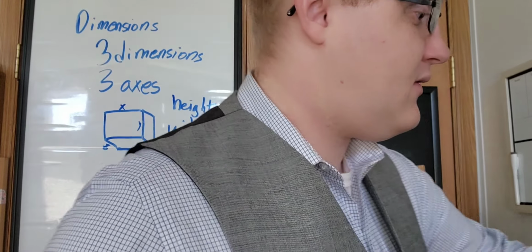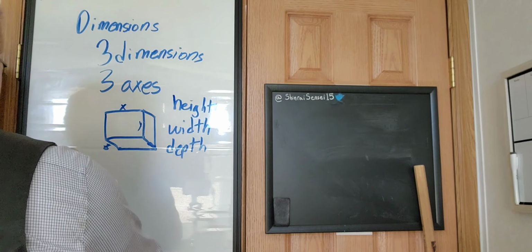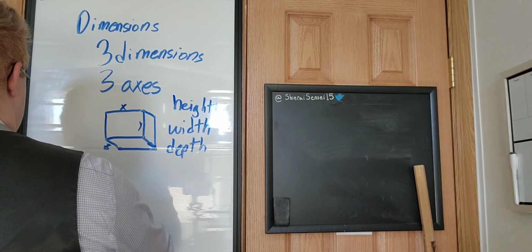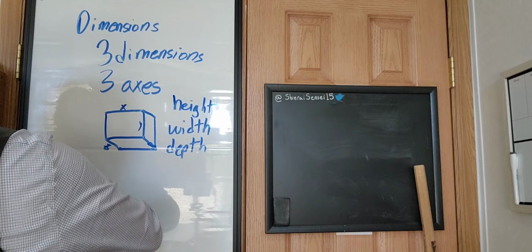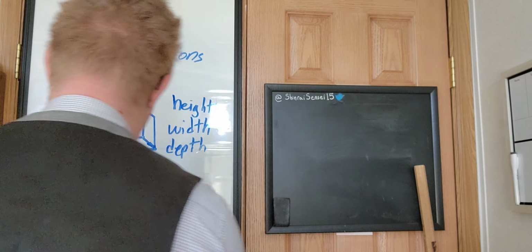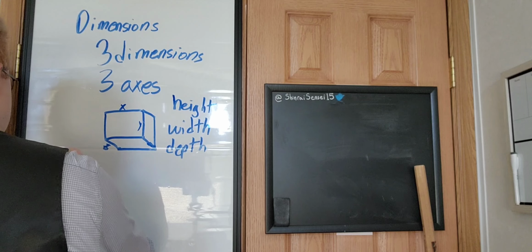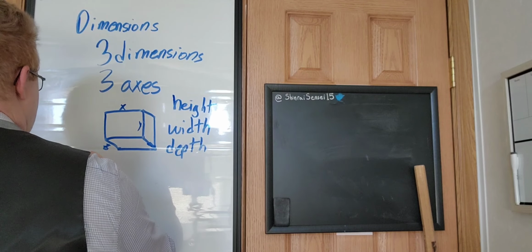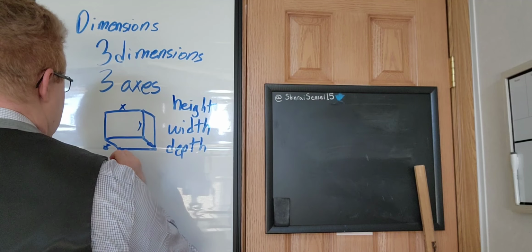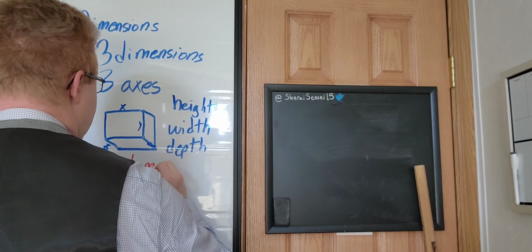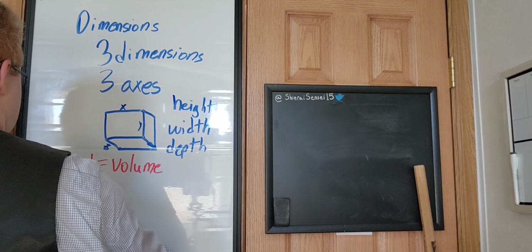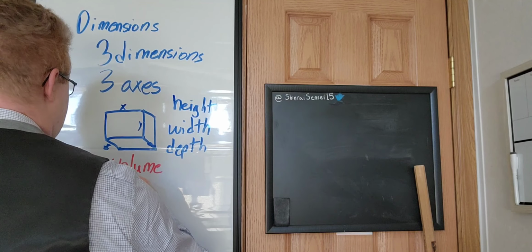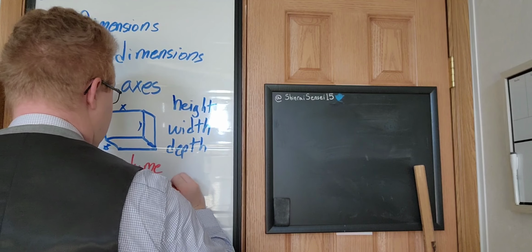So, I'm going to use a different symbol altogether to represent multiplication here, because X is not a good one. So height times width times depth is equal to volume, whereas height times width is equal to a surface area.